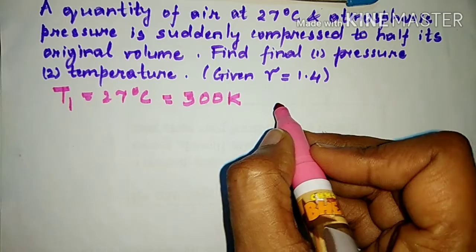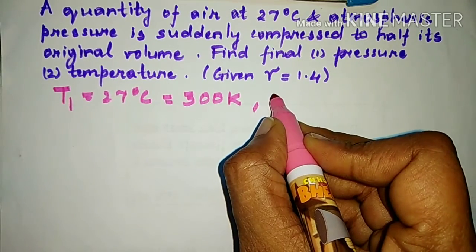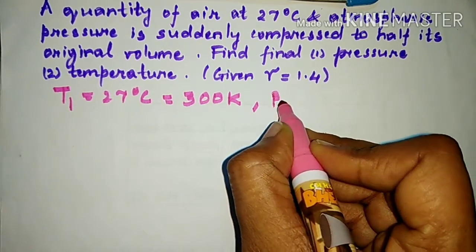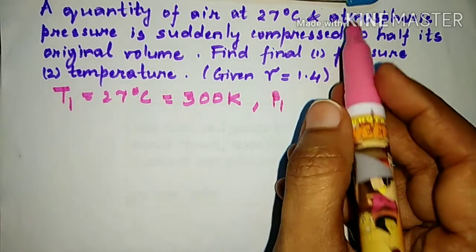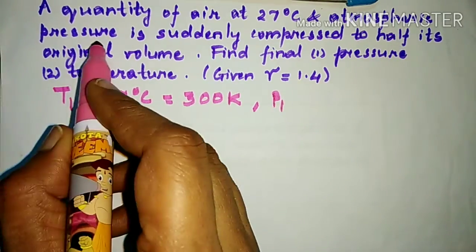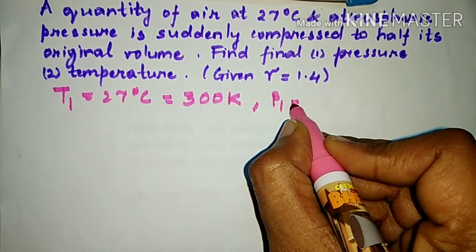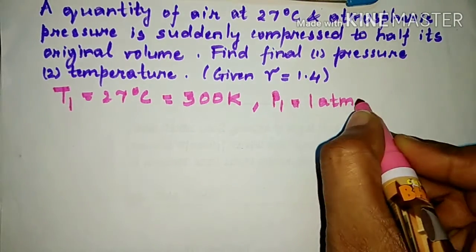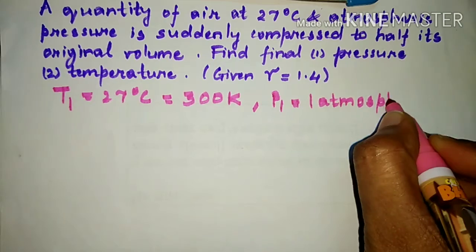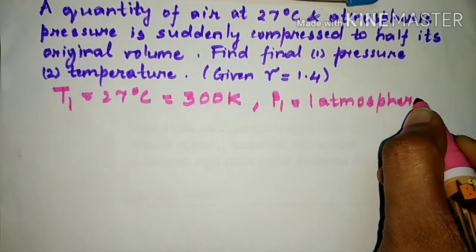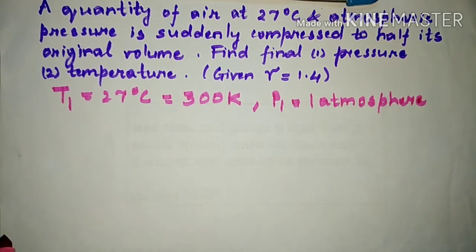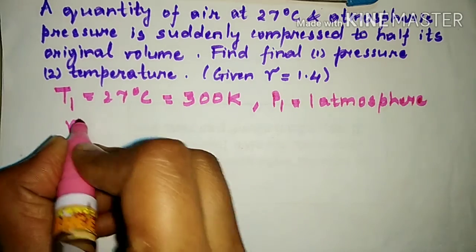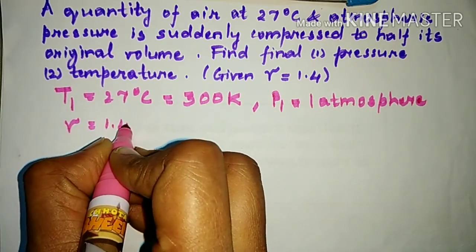Initial pressure is P1. It is at atmospheric pressure, so that is 1 atmosphere. Gamma is given, equal to 1.4.